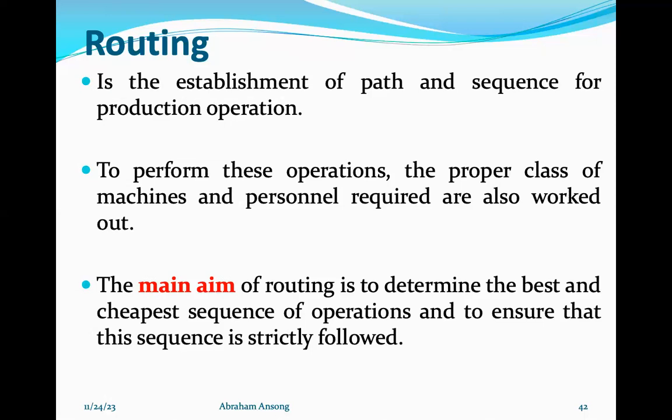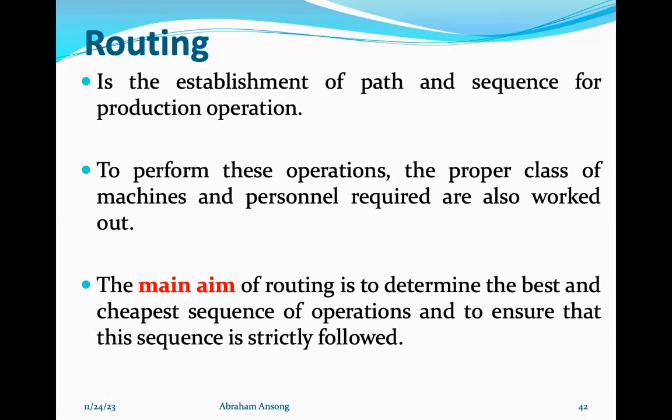To perform these operations, the proper class of machines and personnel required are also worked out. So each step, you've laid out the sequence or the steps, and you've also determined the machines and the personnel that will be needed at each stage or for each of the steps or path that you've created.